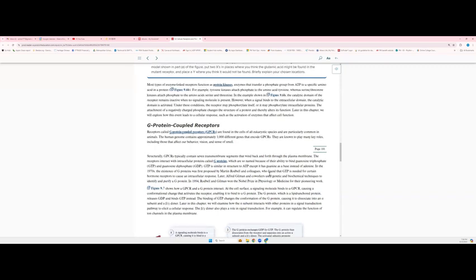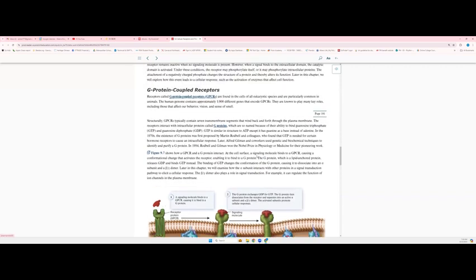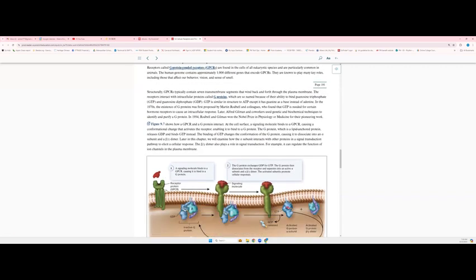So let's talk about G protein structure. For example, this is a GPCR protein. They typically contain seven transmembrane segments that wind back and forth through the plasma membrane. So it's like this: 1, 2, 3, 4, 5, 6, 7.